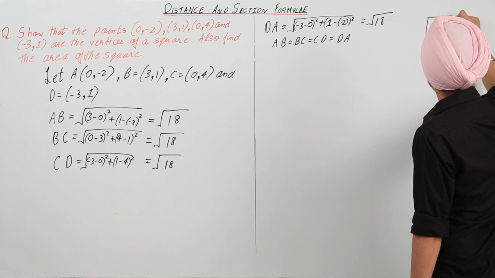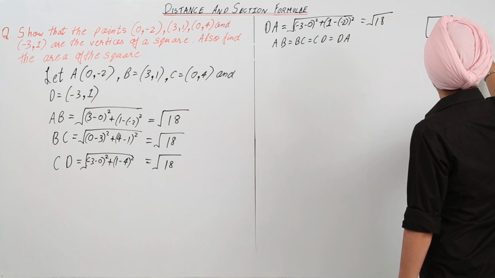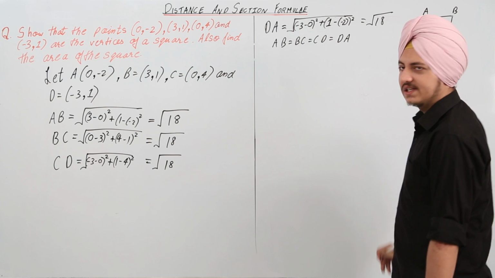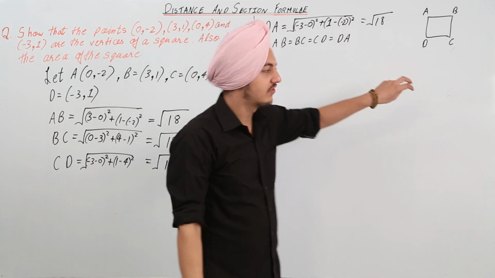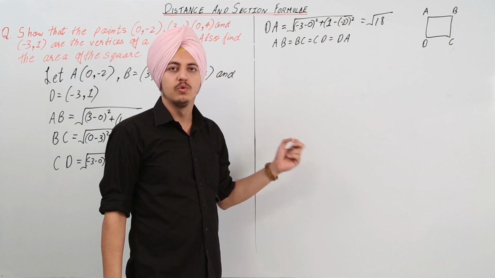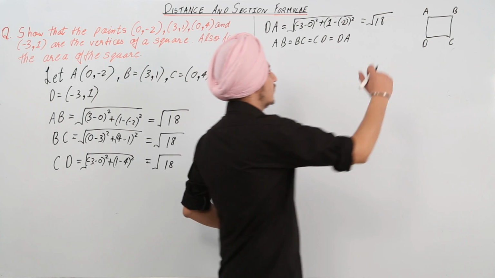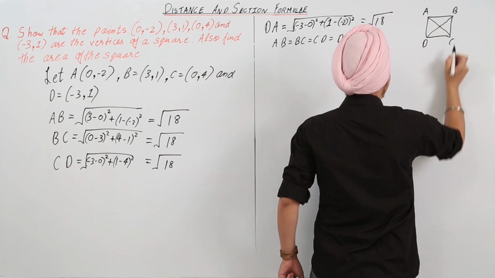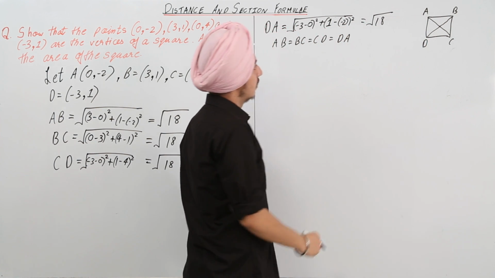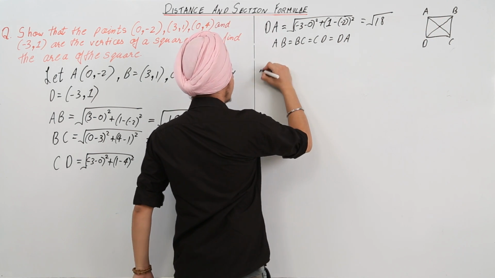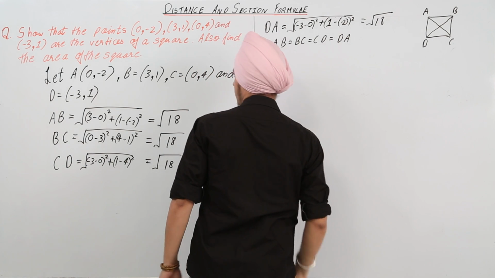Now if we have a square over here with points A, B, C and D, we have proven that all the 4 sides of the square are equal. Now if all the 4 sides are equal, what else do we have to prove? We have to prove that both the diagonals of the square are also equal. So the diagonals of the square are AC and BD. Now let's find out the length of AC.